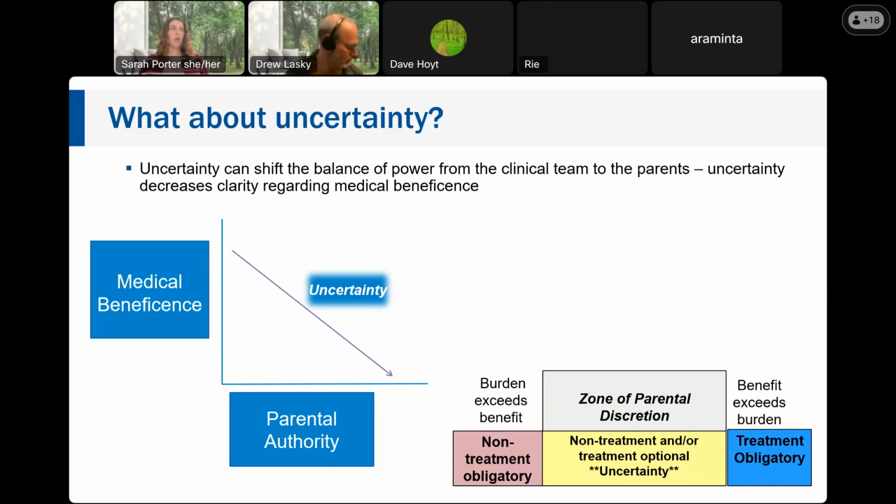You know, we are using the language of best interest in terms of parental authority and parents getting to define that. And certainly, there are plenty of scholars who have argued that the term best interest isn't even the right term. And we know how complicated it's gotten when we've done consults, right? The medical team says to us, oh, this is in this child's best interest, and they're crystal clear.